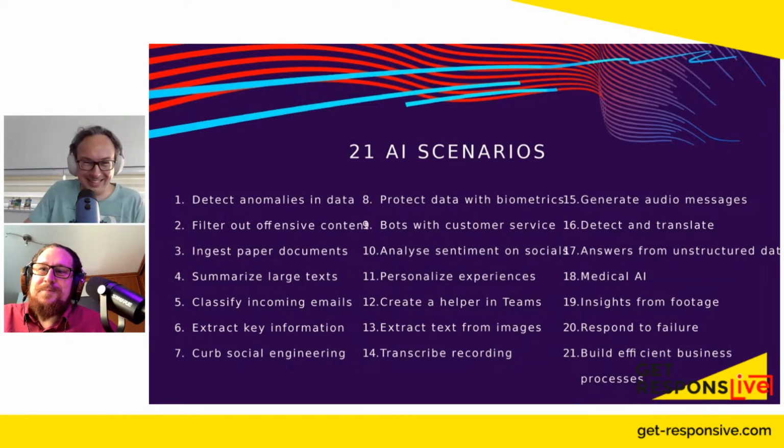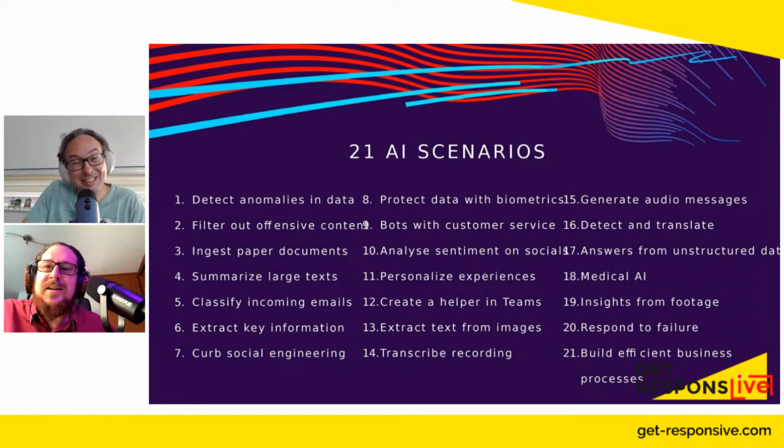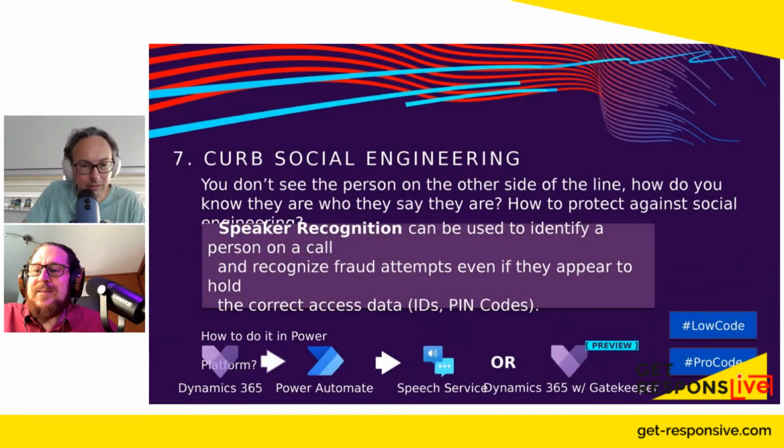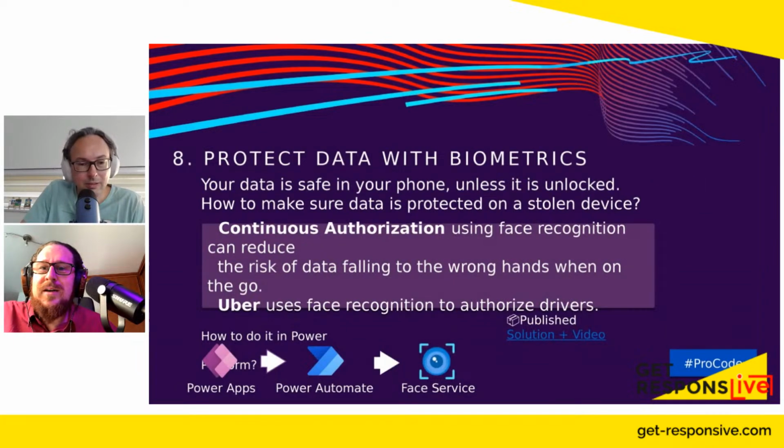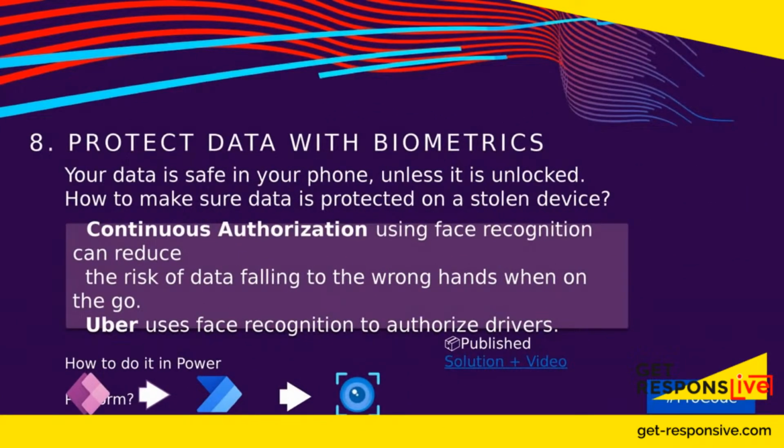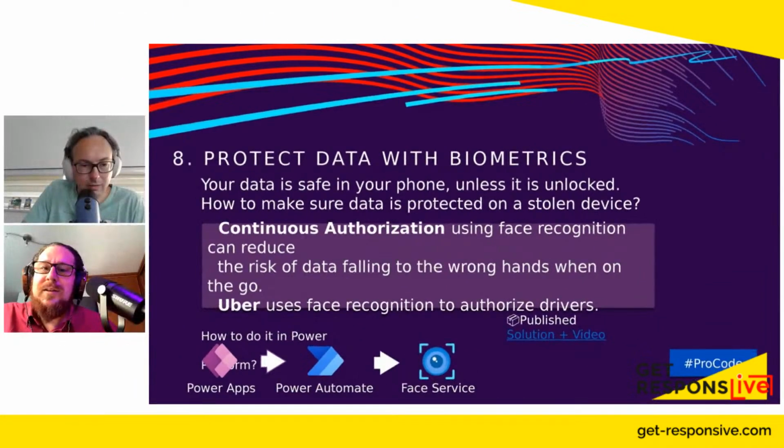Yeah. So the one I was excited about enough to actually implement as a solution, which you can get on my GitHub and play with yourself, is number 8, to protect data with biometrics. This is the one I was thinking about even before I started doing the research for that deck and for that presentation.